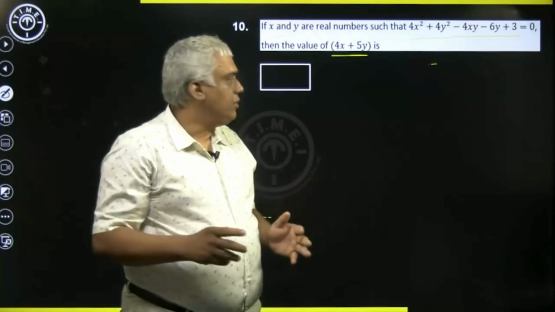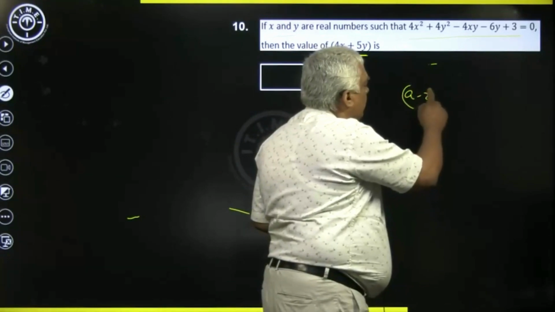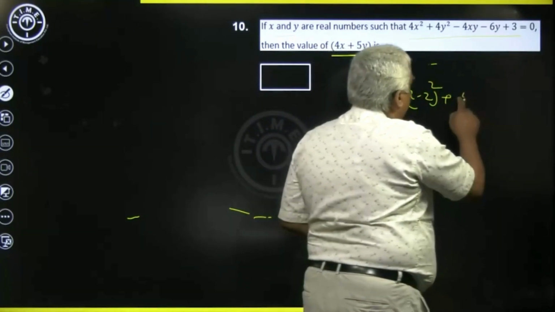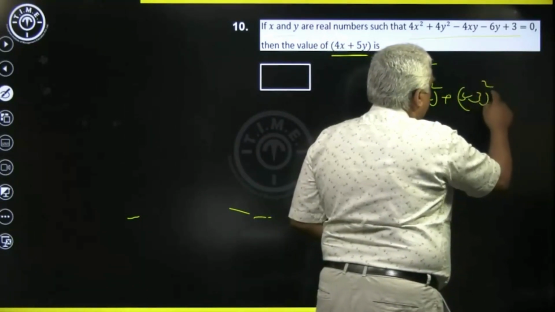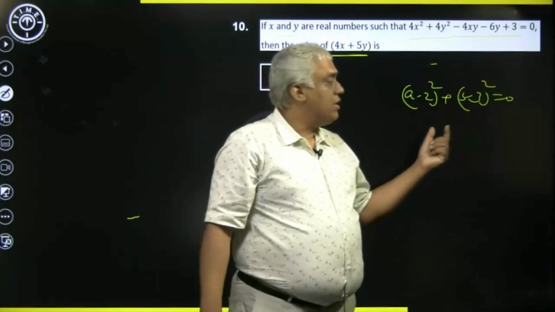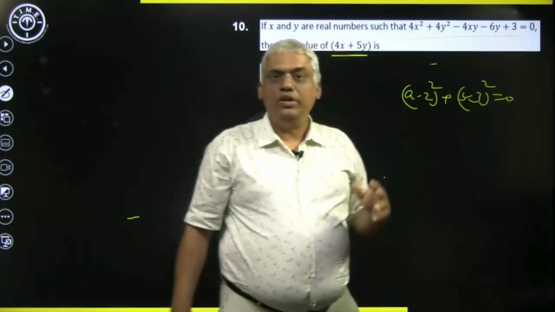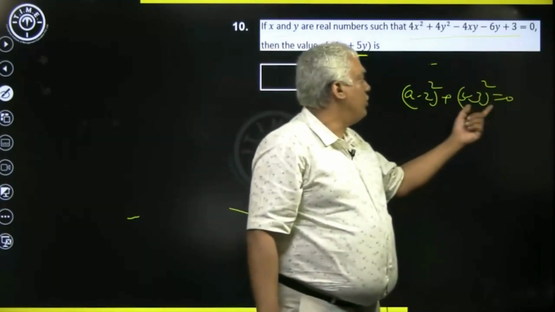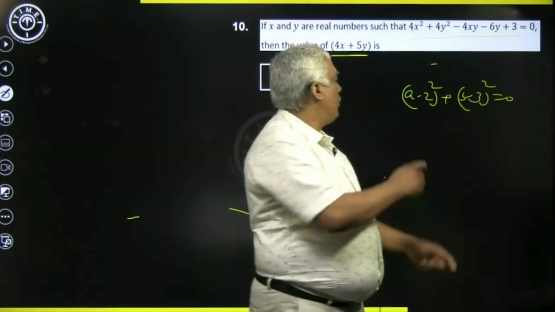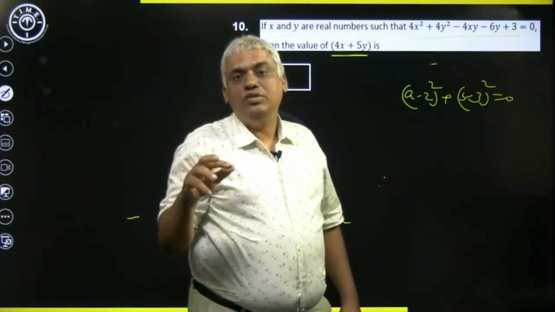See, many times, let's say, you get two variables, such as (a − 2)² + (b − 3)² = 0, right? There are two variables, but there is a sum of squares. If you get a sum of squares equal to 0, even though there are two variables, with real numbers, a square cannot be negative, it is either 0 or positive.